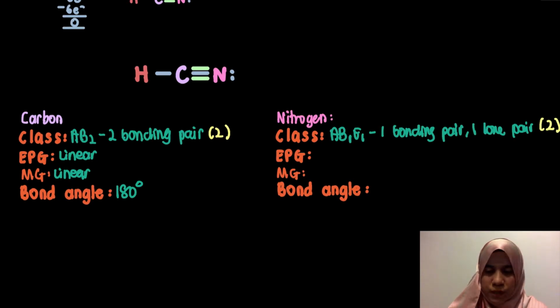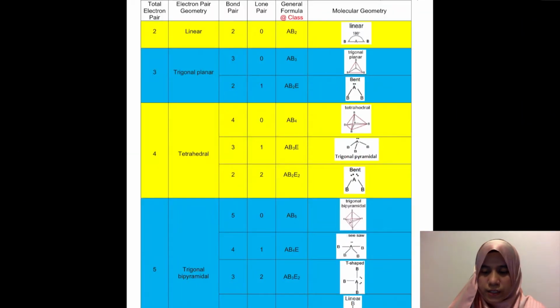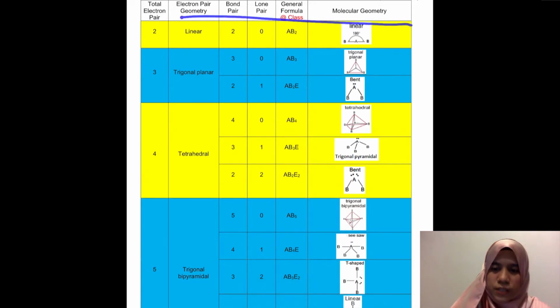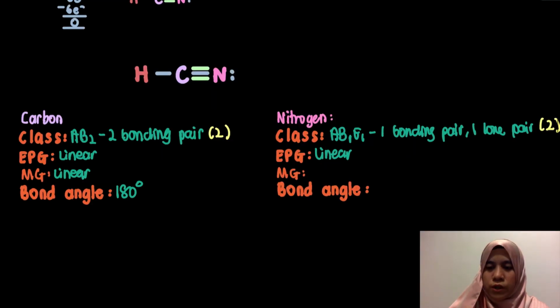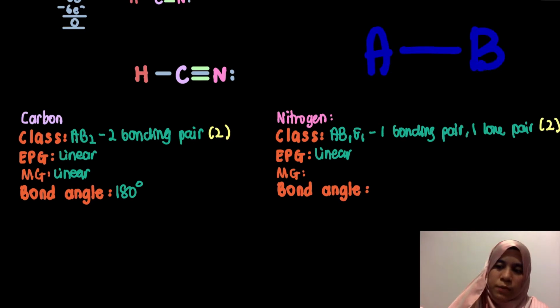Sama juga macam carbon. Tapi, what about molecular geometry? Sebenarnya, kalau ada AB1E1, bentuk dia linear. Sebab contohnya kalau kita kata atom tu nak as far as possible, kalau 2 kan, ni B1 kan, nak as far as possible kalau bonding pair yang kedua mestilah yang direct opposite kan.